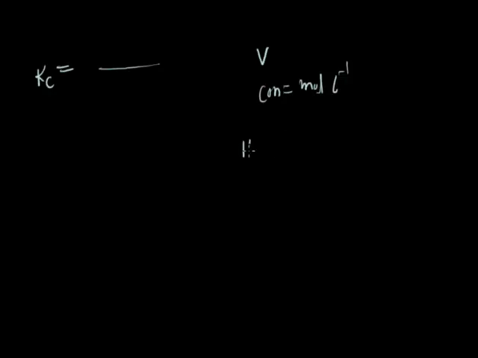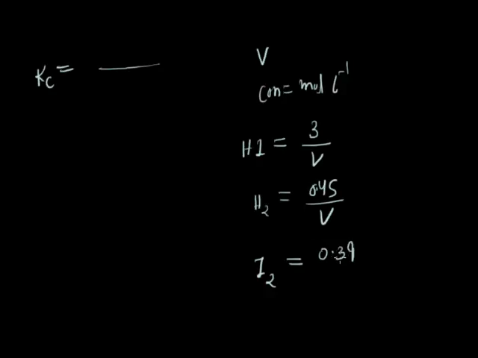The concentration of HI becomes 3 upon V. Similarly, the concentration of H2 is 0.45 divided by V, and the concentration of I2 is 0.39 divided by V. Now putting in the values, since HI is squared, we write (3 by V) into (3 by V) upon (0.45 upon V) into (0.39 upon V).